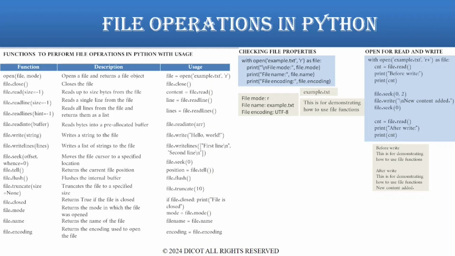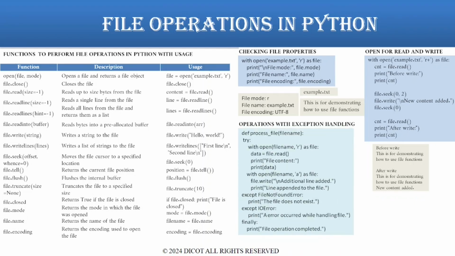Let's have one more comprehensive example that combines reading and writing, along with exception handling. In this example, the file is first opened in read mode, then we read its contents and print. Next, the file is reopened in append mode to add a new line.